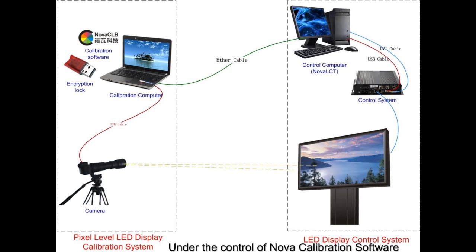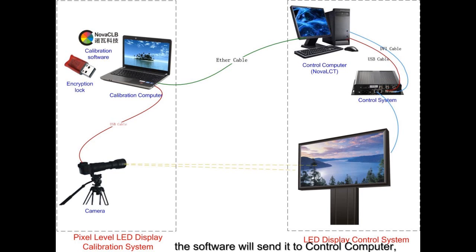Under the control of Nova calibration software, the camera gathers the color and brightness information of every LED and sends it to the calibration computer with a USB cable. Then the calibration software will work out the calibration coefficient.